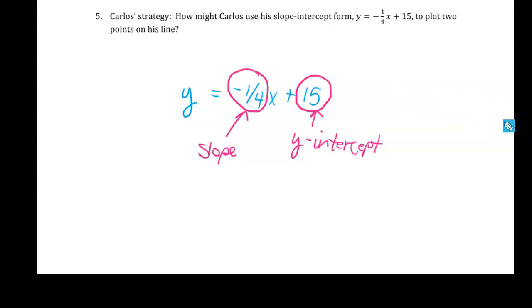And so if we write that as an ordered pair, our starting point would be at 0, 15. And so if we plot that point first and then use our slope, which is to go down 1 and then to the right 4, we can plot our second point. We can then connect those points and extend our line.